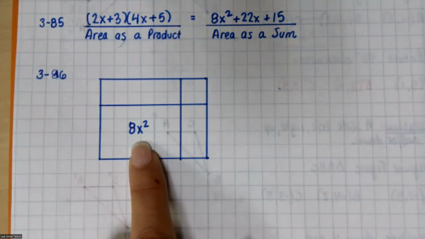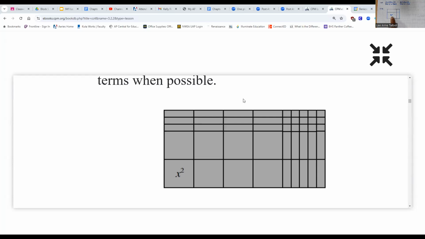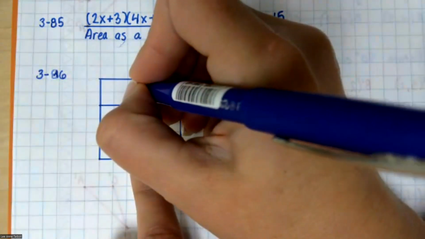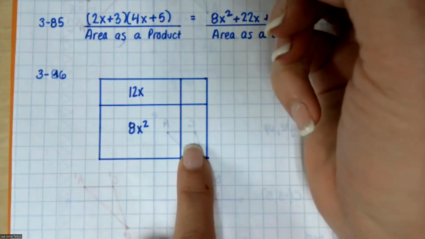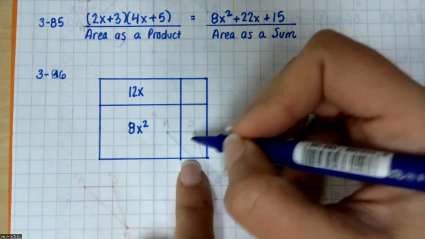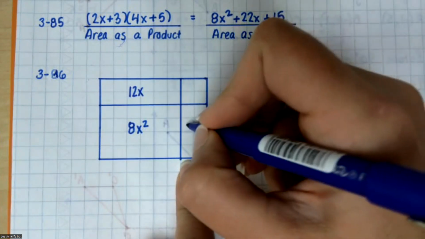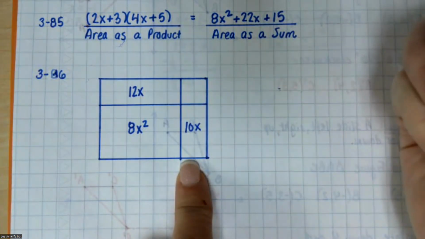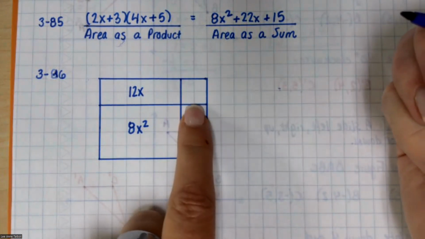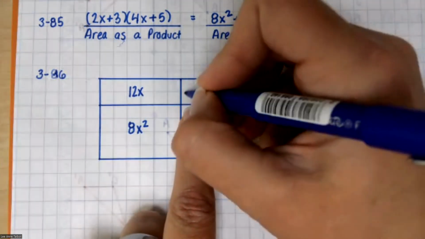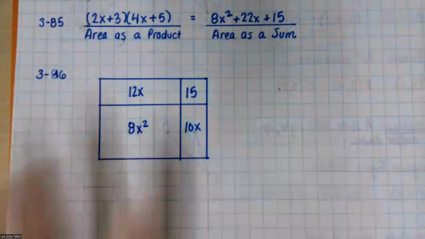Now how many x tiles are above the x squareds? 12x. Yes, so there's 12x above. And how many x tiles were over here? 10. And how many ones tiles were in this corner? 15.